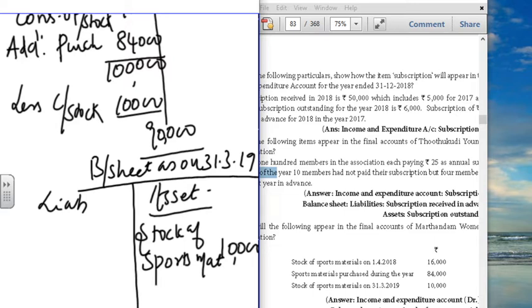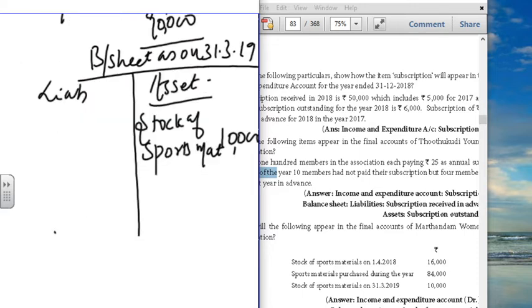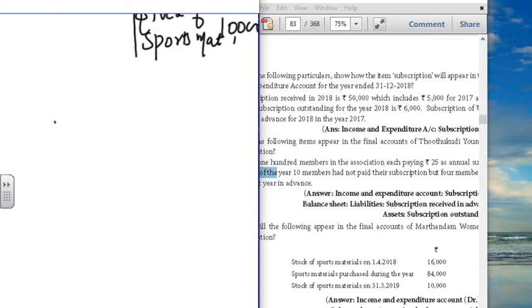Next, we'll move on to problem number 15. The same way we are going to solve problem number 15. In this also they have given the problem. First read the question. How will the following items appear in the final accounts of a Vedaranyam Sports Club?